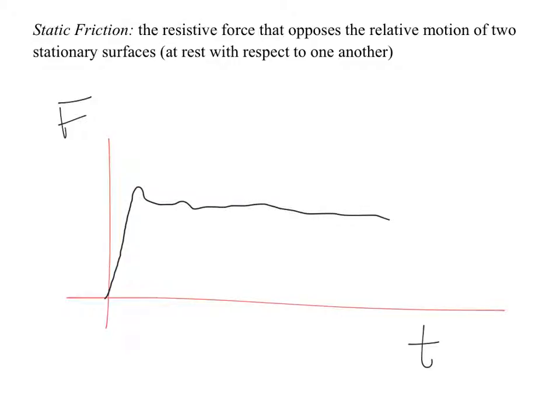You'll see that spike in the beginning? That spike is the amount of force needed to overcome static friction. But once you overcome static friction, then you have to overcome kinetic friction.